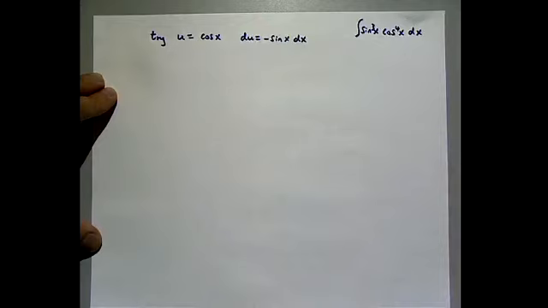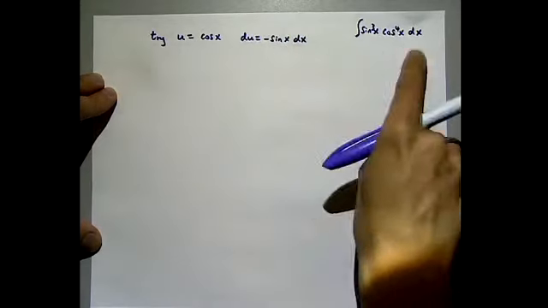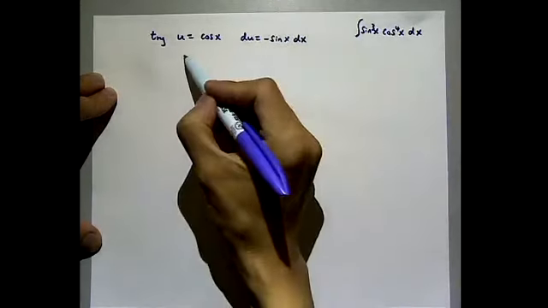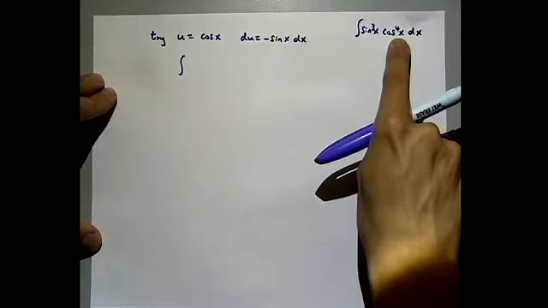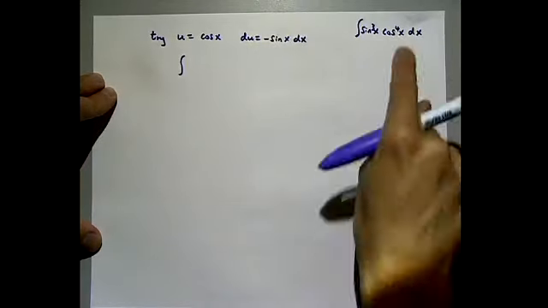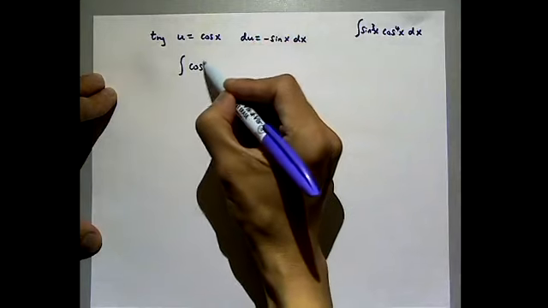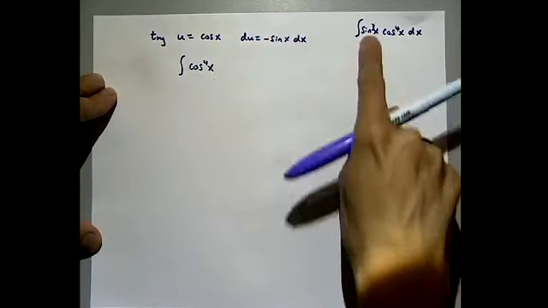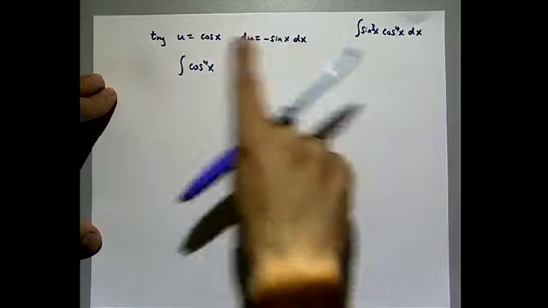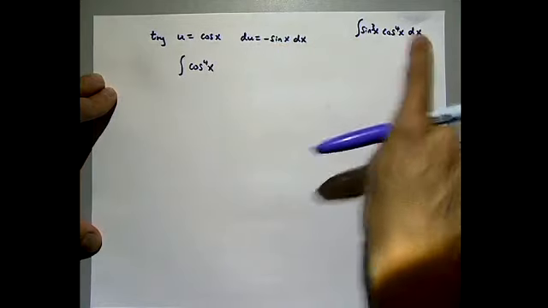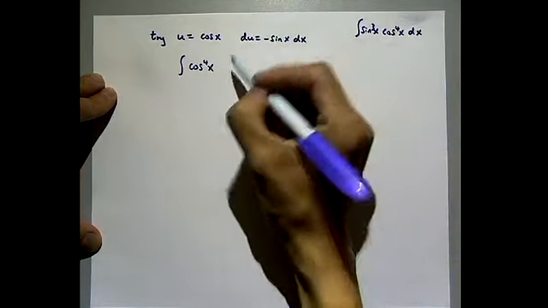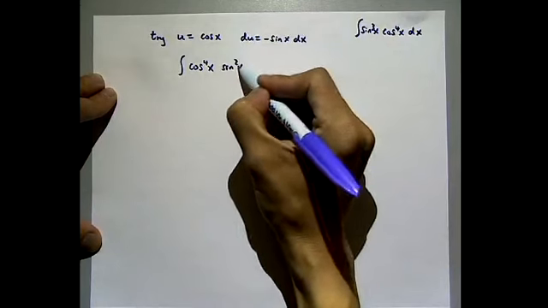And if u is cosine, then du is minus sine, right? Then let's rearrange that integral again. Here's my cosine to the power of 4. I need one factor of sine with a dx to form du. I have 3. I'll break it into 2 and 1.